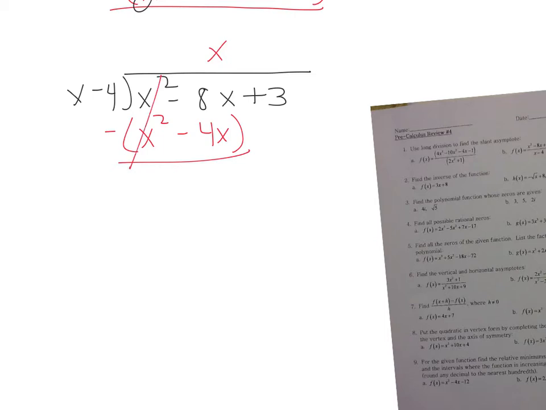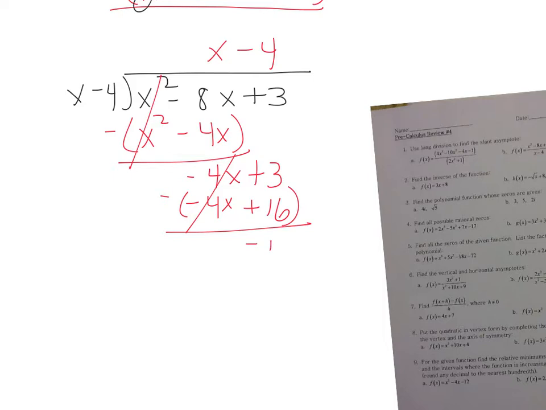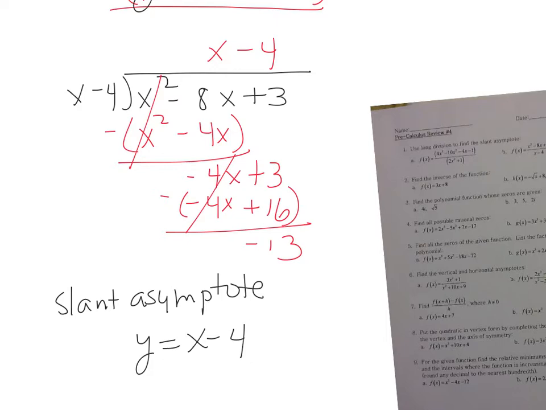So that cancels, so I get negative 4x plus 3. x times negative 4 is negative 4x, so multiply down, I get positive 16 and negative 4x, subtract them. So that cancels, and I get negative 13. So my slant asymptote is y equals x minus 4.